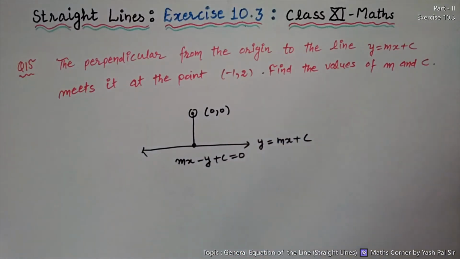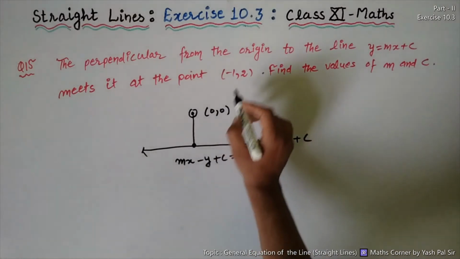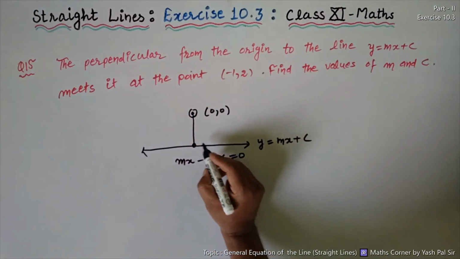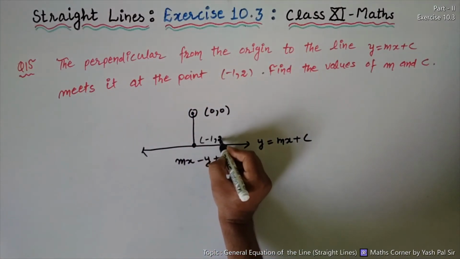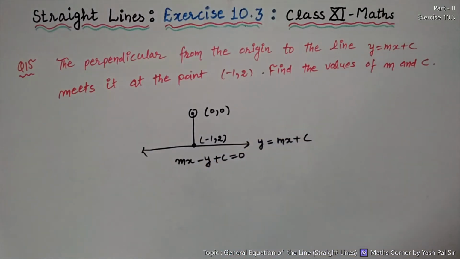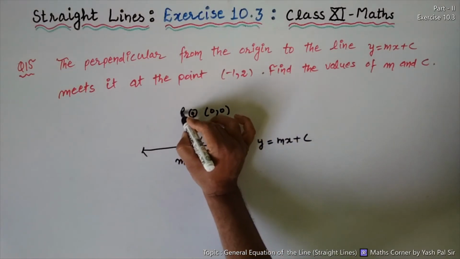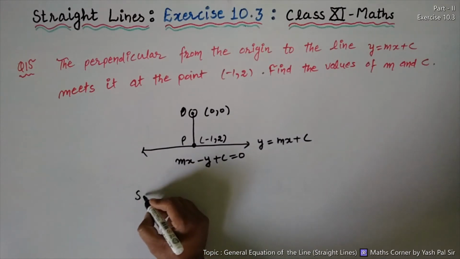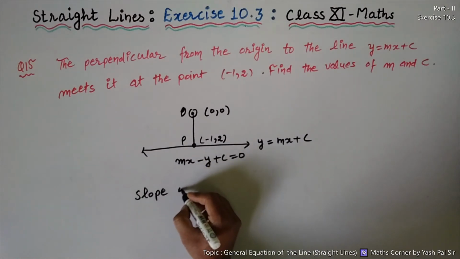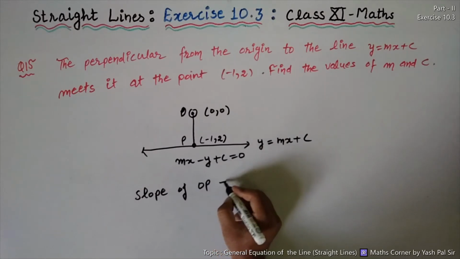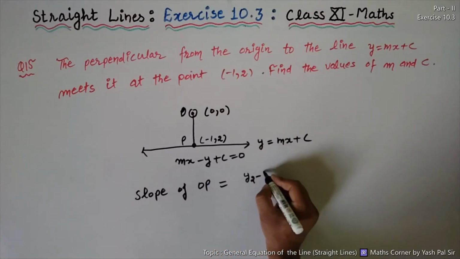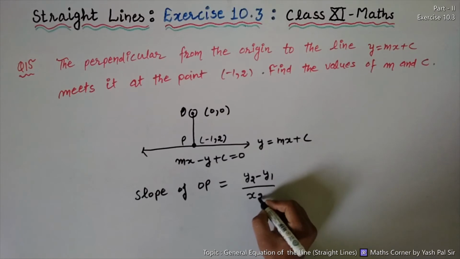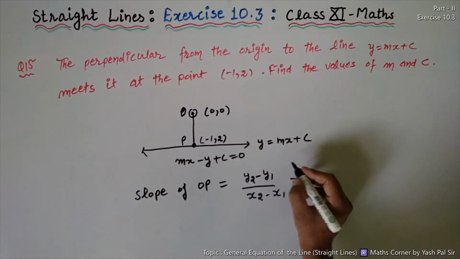Perpendicular means this distance, right? Suppose this point meets it at minus 1 comma 2, right? Now what happens, what is this point? This is O and suppose this is P. Slope of OP is equal to y2 minus y1 upon x2 minus x1.